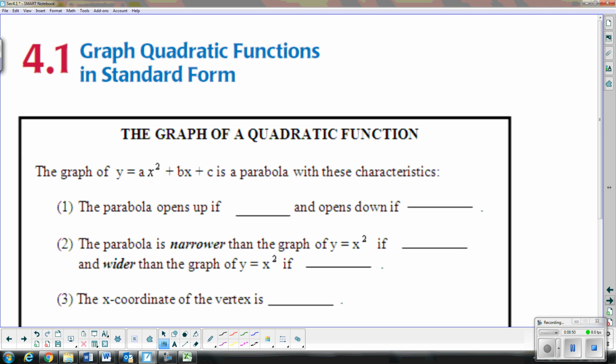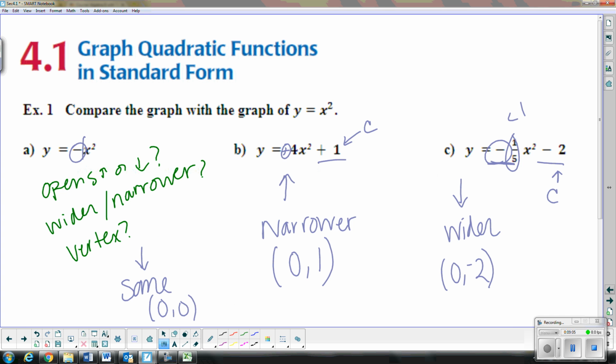Some general rules that we have for the quadratic function: the parabola opens up if a is greater than 0, and it opens down if a is less than 0. Those are the conclusions that we've drawn so far, and now we're making them into a general rule. So if a is greater than 0, like here, positive, it's going to open up.